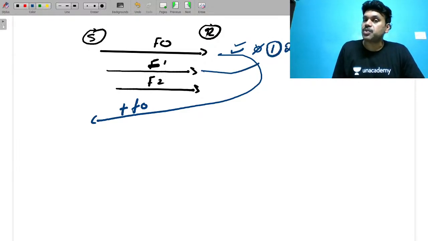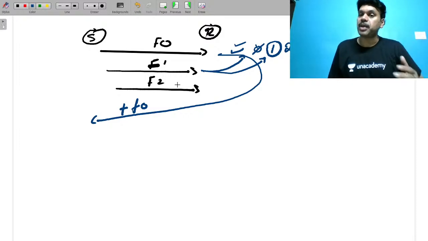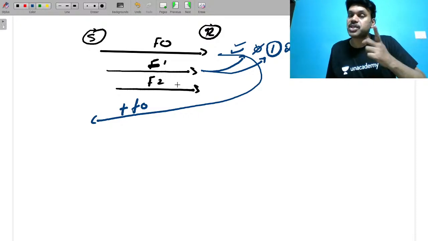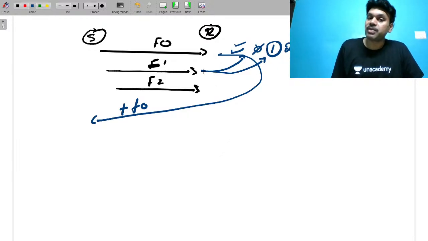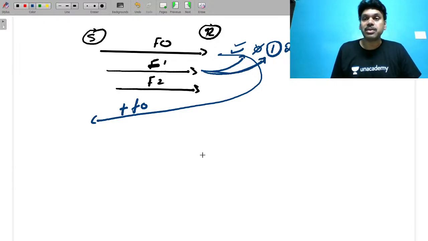If I receive 1, I will accept. If I receive 0, then I am going to reject. If the upcoming frame's sequence number does not match what is expected, it is rejected because it is a duplicate. So your next expected sequence number is supposed to be received exactly so that the receiver can receive it.